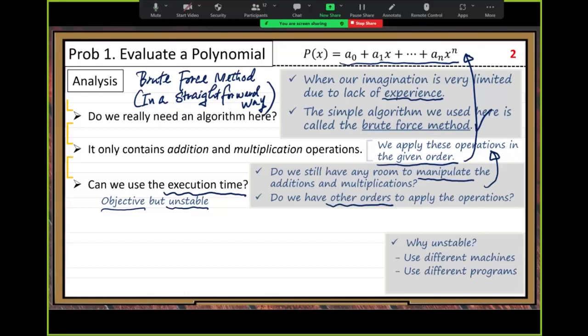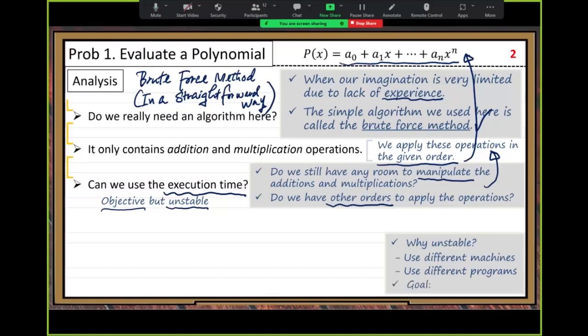All right? So here you can see, because this execution time is unstable, we want to use a stable measure. So we don't want to choose execution time to measure the efficiency. That's another important concept.